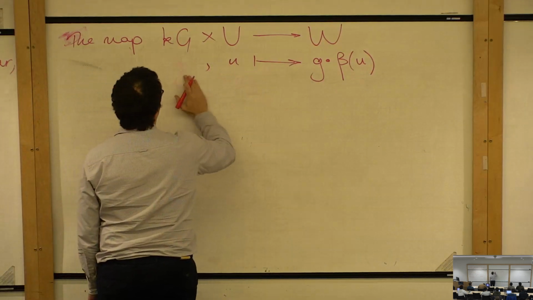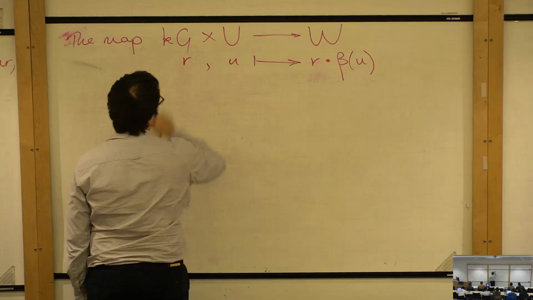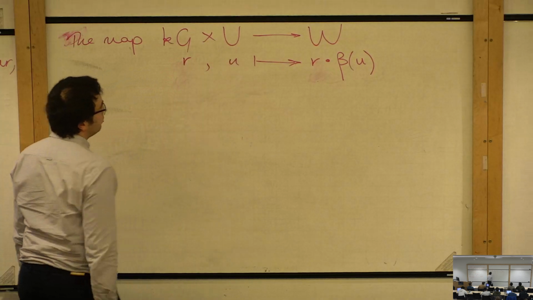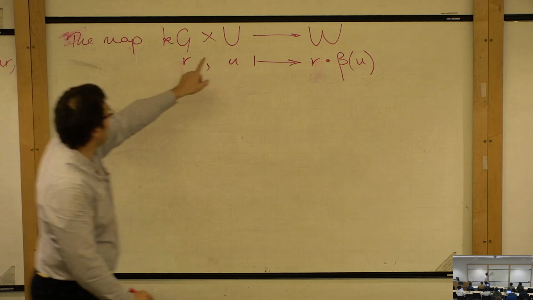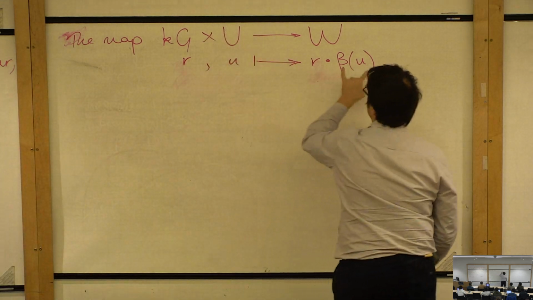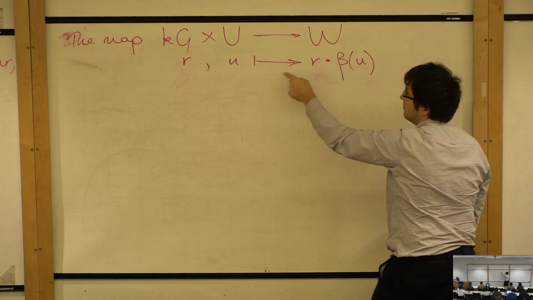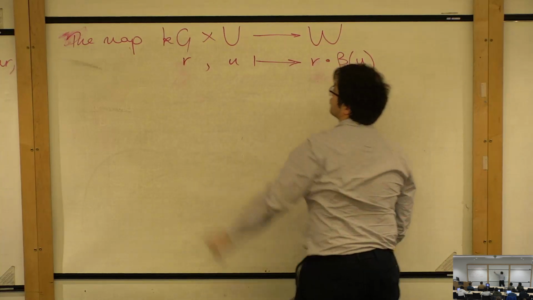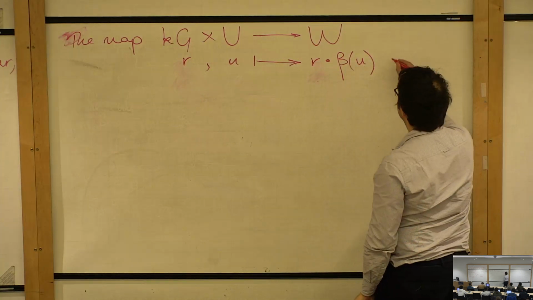Actually I can put r here: r is an element of kG, u is a random vector in U, and beta is a map of H representations from U to the restriction of a G representation. You see, once I have such a map, I can then remember suddenly that W has a G action and therefore it's a kG module. This makes sense. And everything is bilinear.